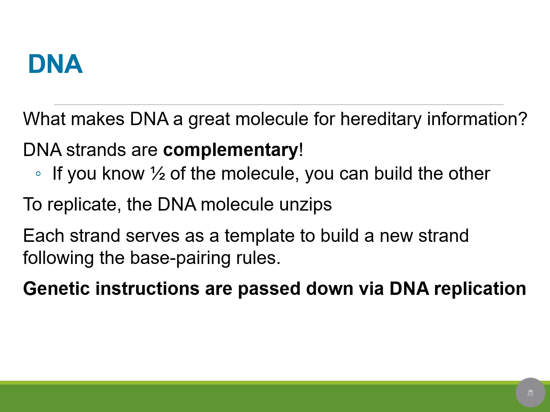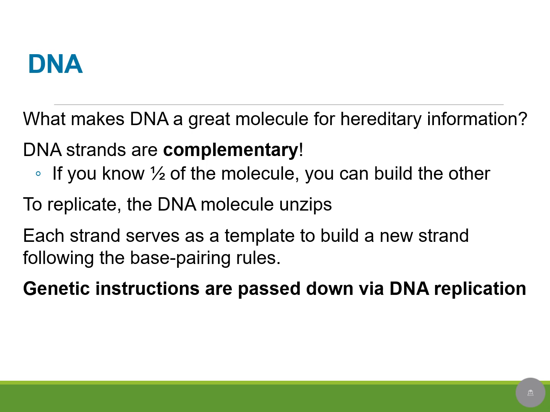In biology, as far as what happens in nature, the DNA molecule will unzip itself, and when we say it unzips itself, that means that the middle portion, the hydrogen bonding, is going to get pulled apart. And remember, hydrogen bonding is very weak, so that makes it very easy to unzip.